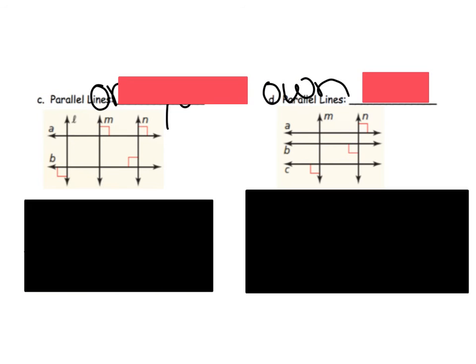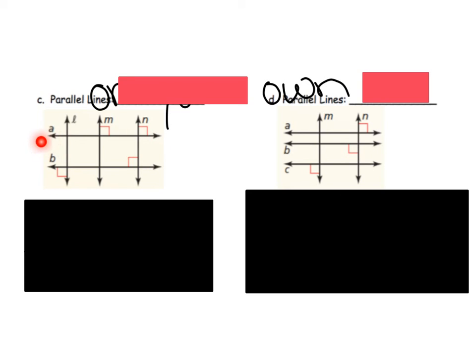All right. Next situation. I can see here that I have line B, and I see that it's perpendicular to line L, and line B is also perpendicular to line N. So there's a relationship right there between those two lines.